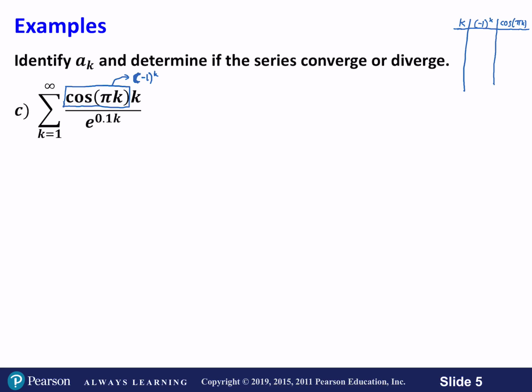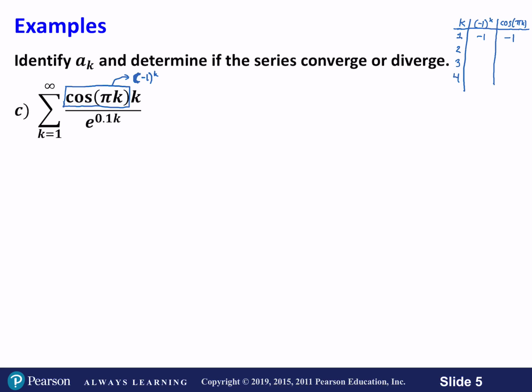All right, so let me just verify to you that these indeed are the same. If k is equal to 1, 2, 3, 4, if we plug in 1 into -1 to the k, we would get -1. If we plug in 1 into cosine of pi k, then we have cosine of pi, which is -1.